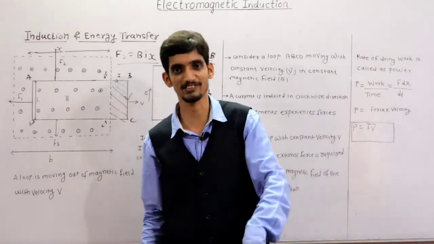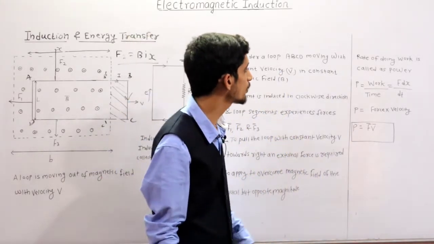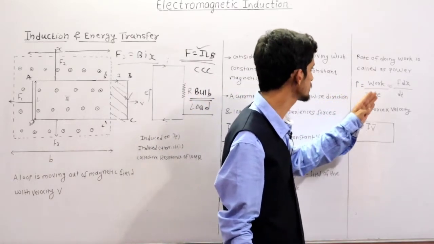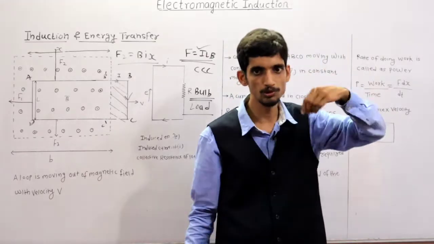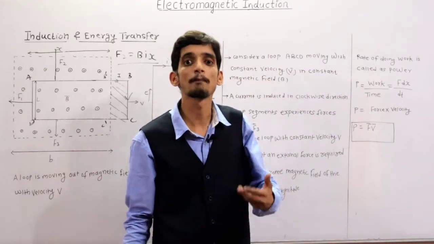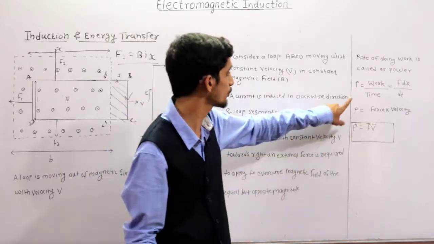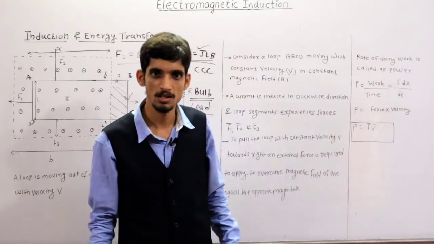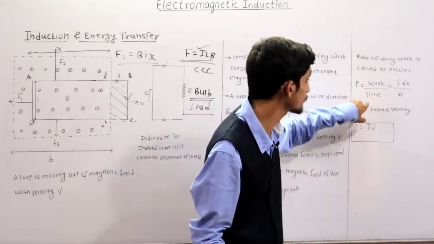So that force which we have applied is actually what? Force is equal to mass into acceleration. But here we have to calculate what? Power. Clear? So power means what actually? Power is equal to work done upon time.